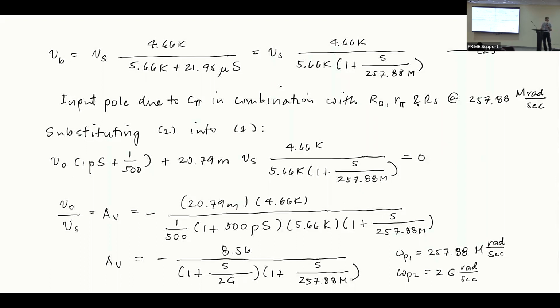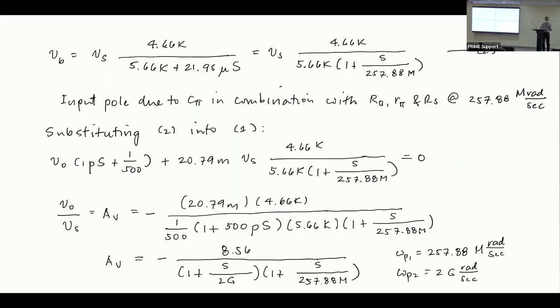And then I can further simplify this so that it's close to my standard form. Remember my standard form, I want it in the form of 1 plus j omega over omega sub p. So I put it close to the standard form here.